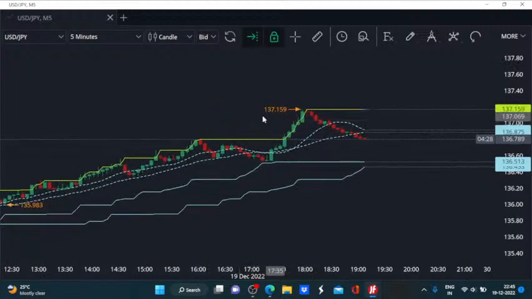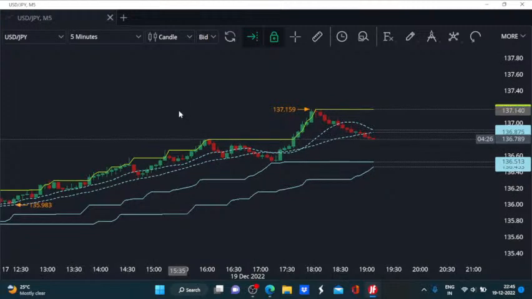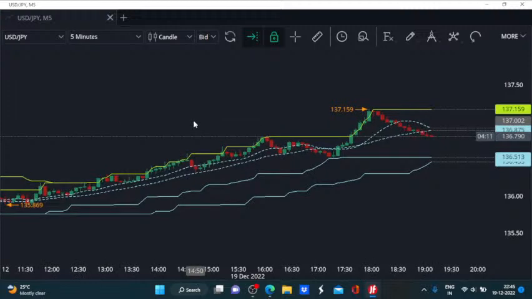Now looking at the current price trajectory, it appears that the JPY is actually one of the weakest currencies trading against the dollar. It has depreciated a lot, whereas in other major currencies we have seen mostly sideways moves. So apparently the JPY is trading even more bearish than the AUD.